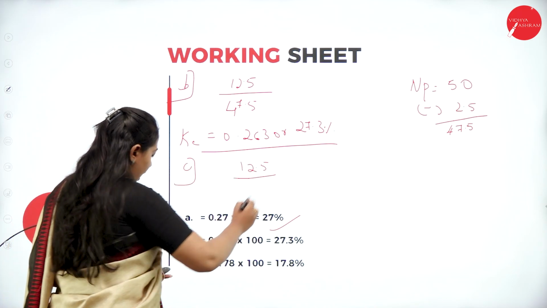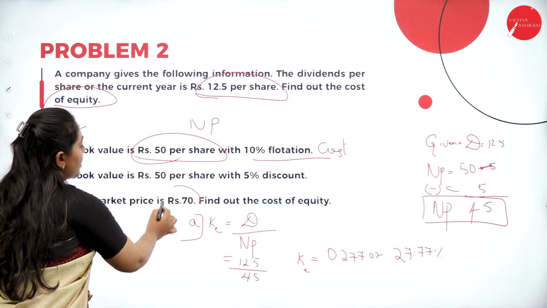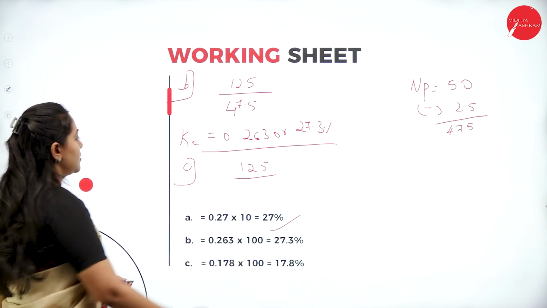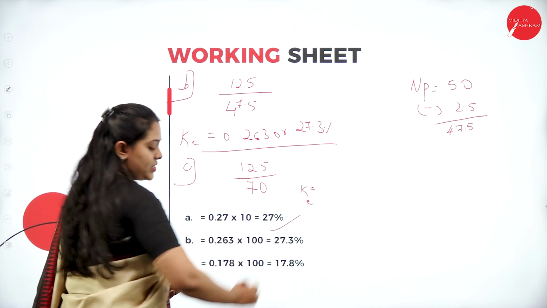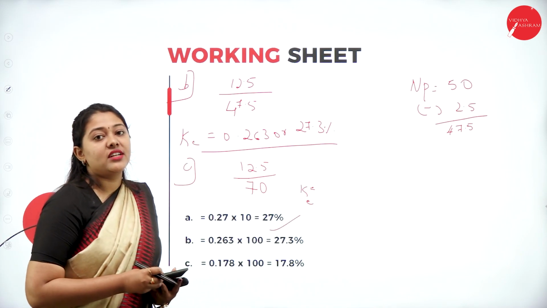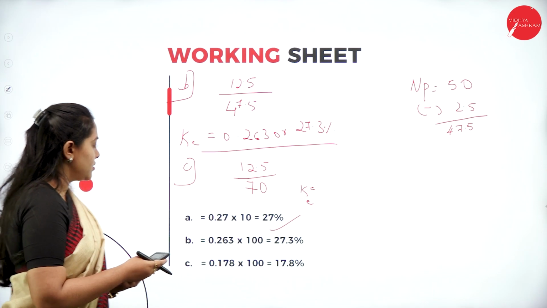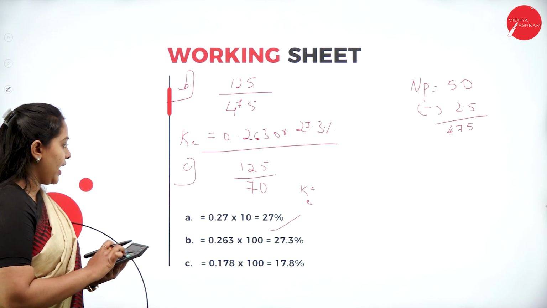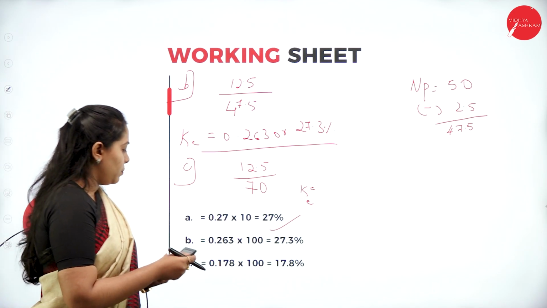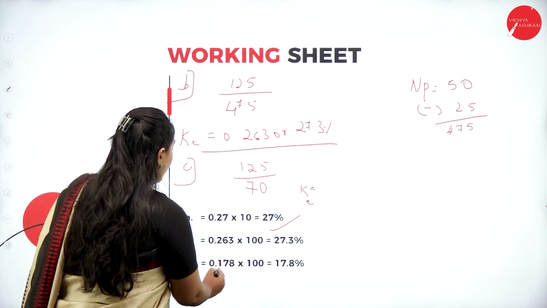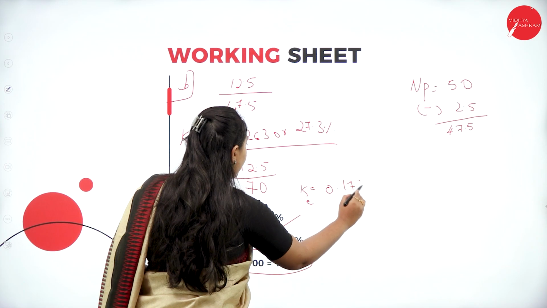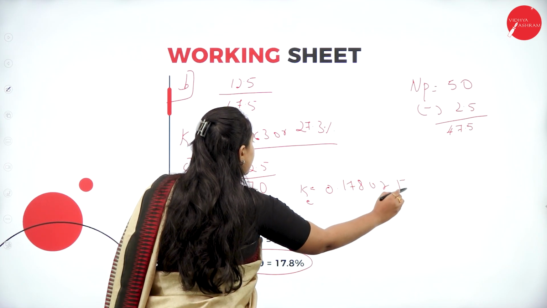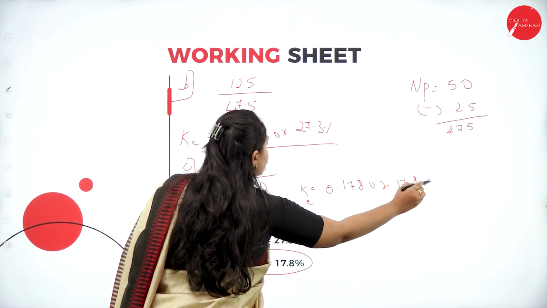And what is the market price? That is 70 rupees. So let's see what the cost of equity is when it is issued at a market price. 12.5 divided by 70 will be 0.178 or 17.8%.